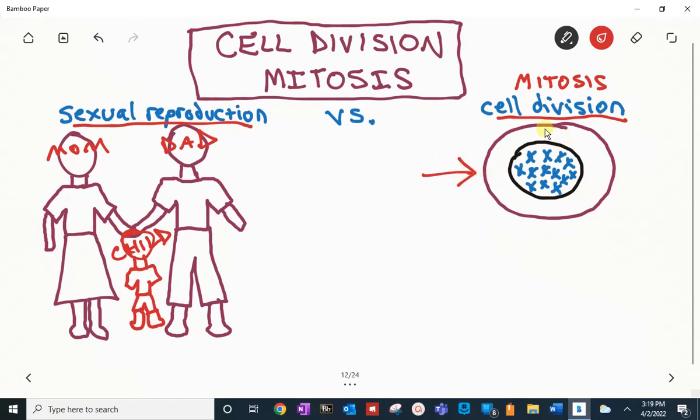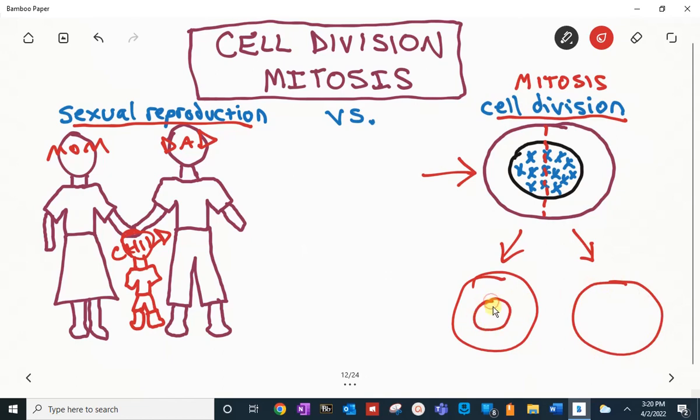itself splits into two and you end up with two identical cells. And here's the nucleus and here's the chromosomes. So you get the idea. So you don't have the original cell anymore.